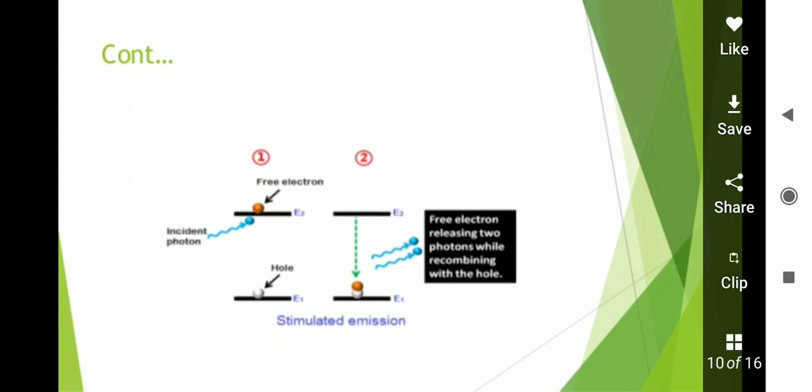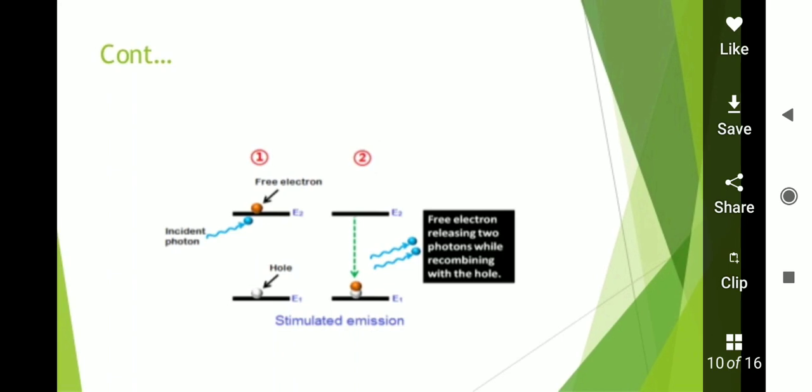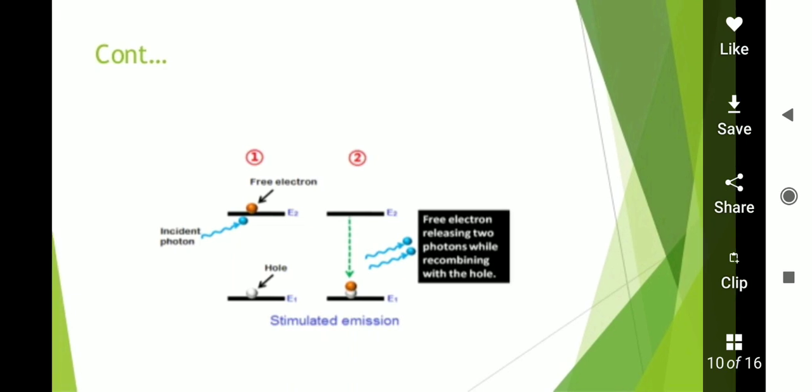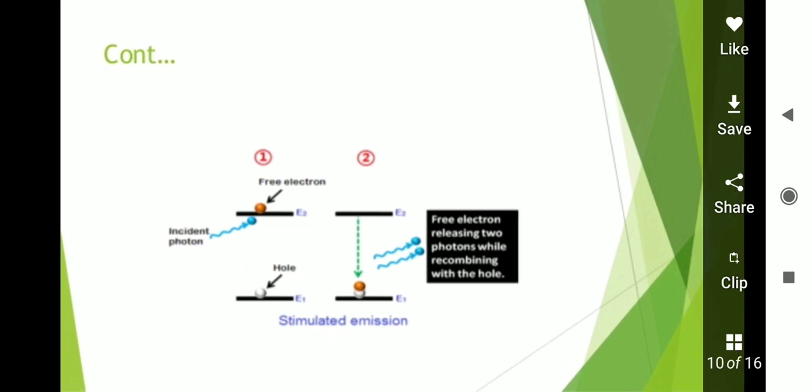Suppose after absorption the atom is present in the higher energy level before the exhaustion of its process, so an electromagnetic wave of frequency equal to the frequency of the spontaneously emitted photon is provided to the atom.